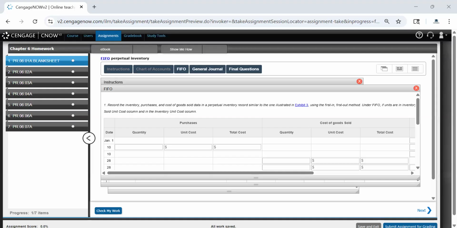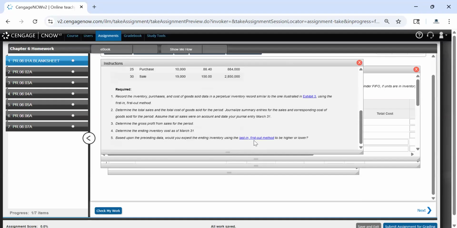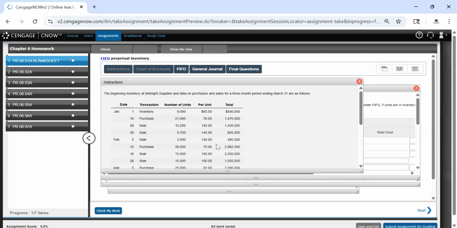In this video, we are going to be going over Chapter 6 homework, which is inventory cost flow assumptions. This example goes over the perpetual inventory calculations and journal entries and cost of goods sold determination under the FIFO inventory method with the perpetual inventory system.